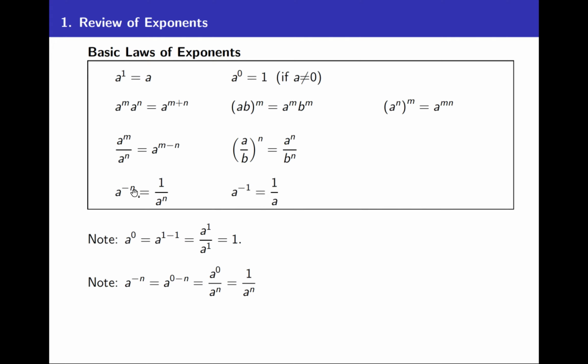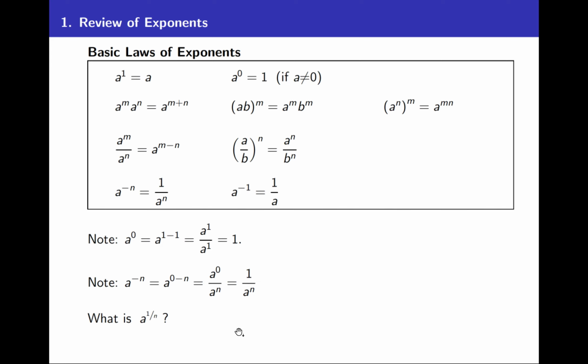Also, if n were equal to 1, a to the minus 1 would be 1 over a to the 1, or 1 over a. A to the minus 1 equals 1 over a. And I'm sure you're familiar with that. You've used it a lot, and you'll continue to use it a lot. But the point I want to make here is how this a to the minus 1 equals 1 over a just falls out naturally from these other laws of exponents.